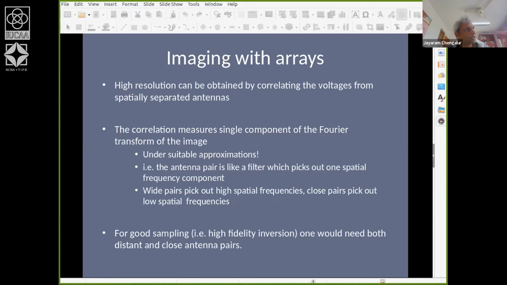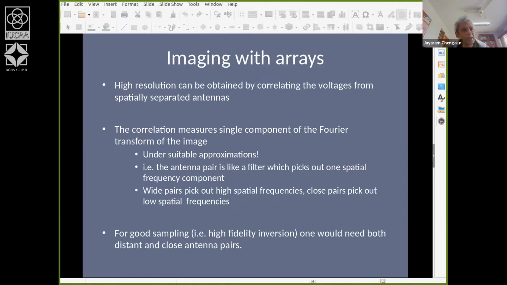Normally we have a 2D detector, and the pixelization of the detector determines, along with the optics of the lens or whatever you put before it, the resolution and what components you're sensitive to, and so on. Here, the separation between the antennas tells you which components of the image you are sensitive to.